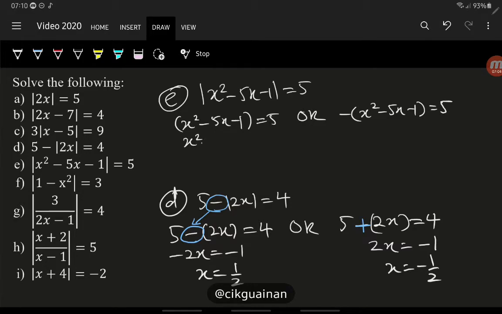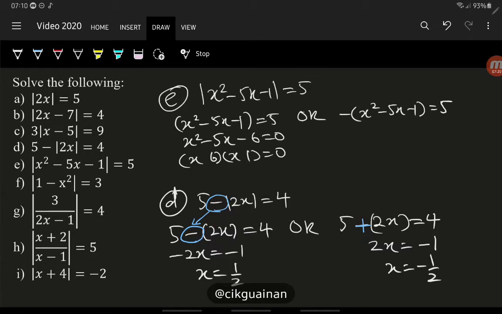So we get minus 6 equals 0. So this one we can solve it, I guess.